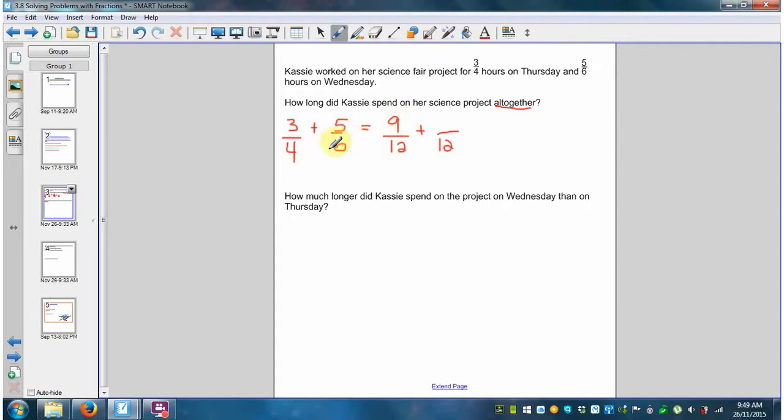Okay, now let's look at the second fraction. 6 times 2 gives me 12, so I multiply my bottom by 2. That means I need to multiply my top by 2. 5 by 2 is 10. We have a common denominator here, so we're good to add. We keep our denominator.